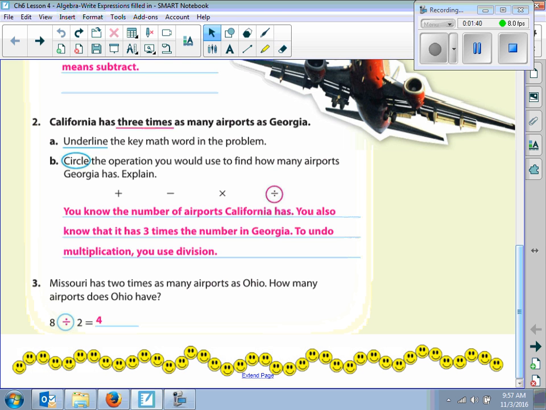Now, to go backwards and figure out how many Georgia has, we have to do the opposite of what's there, okay? So 3 times as many, the opposite is division. So you know the number of airports California has. You also know that it has 3 times the number of Georgia. To undo the multiplication, you're going to use division. Is everybody clear?